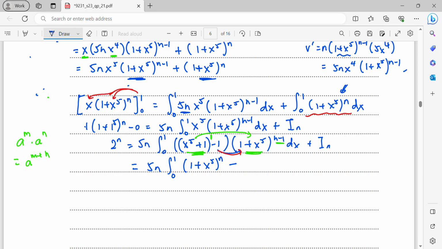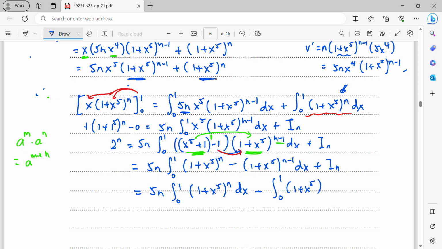Then I will rewrite. Alright, so from here I will split it into two integrations. Put a bracket, because multiply by 5n, then plus I_n.